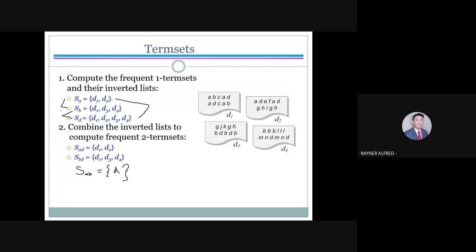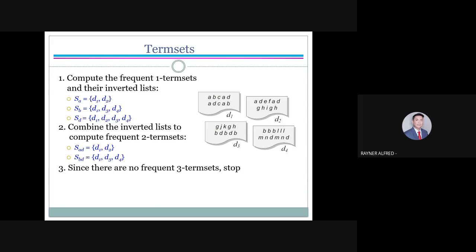So in this list we did not include this one, because only one document contains A, B. If we continue with AD, we have two documents, document 1 and 2. Then we continue with BD, and we have 1, 3, and 4. If the number of documents is less than the threshold, then we do not count it in the term set.